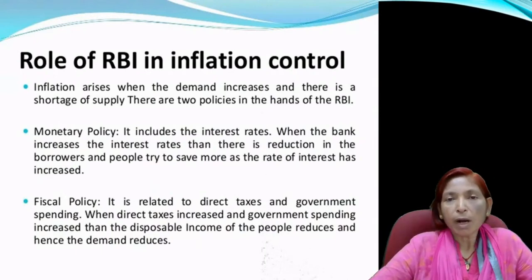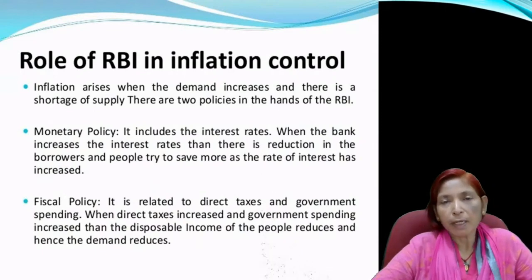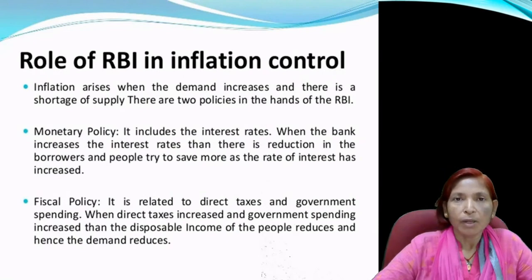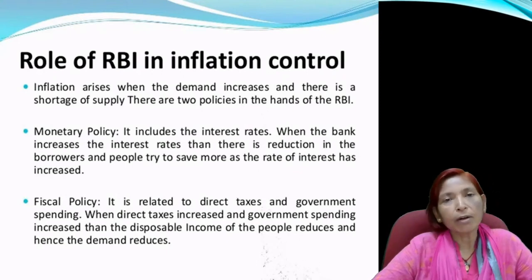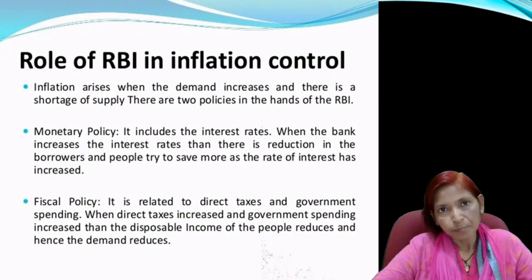RBI has the monopoly power of issuing paper currency, coins, notes, etc. Only the 1 rupee note is issued by the Ministry of Finance, Government of India, and other paper currency and coins are issued by Reserve Bank of India.